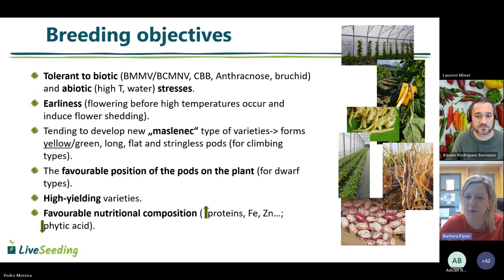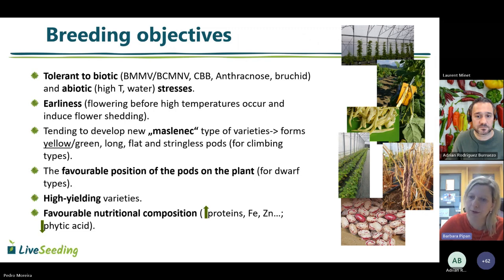I'm not sure you are familiar with the word maslinets, but it's a type of bean which has very long, flat, yellow pods without strings, and is very common during the hot summer for salads, and it's used as fresh pods. So this type of bean is very desired and beneficial for our area as well.